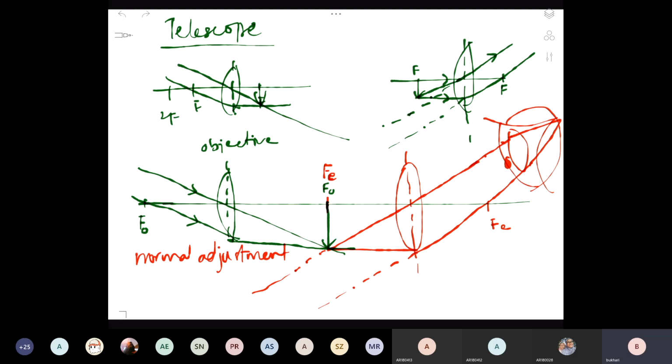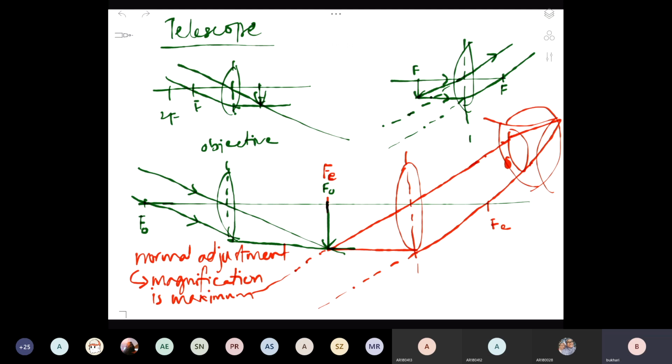So in this case, magnification is maximum. You can see the biggest magnification is in this case. That is what we call normal adjustment.